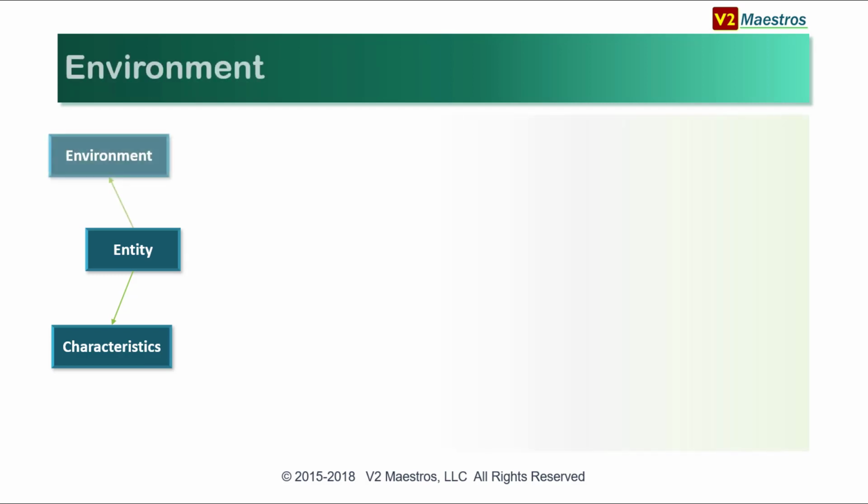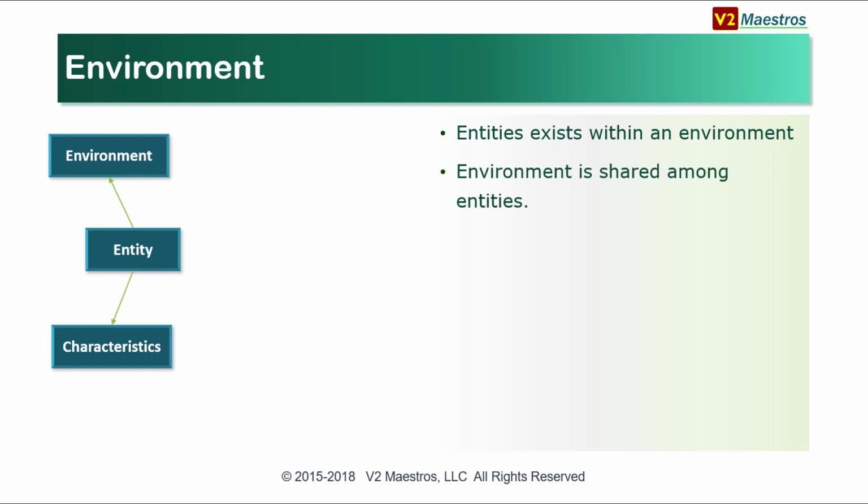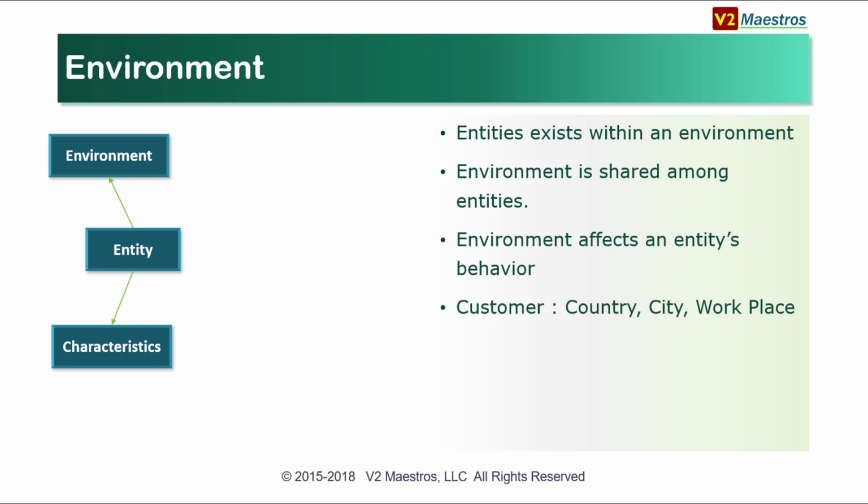Next, we look at environment. Every entity exists in an environment. A given environment is shared among entities. Environment affects the entity's behavior during various events. For example, a customer's environment is a country, city, or workplace.